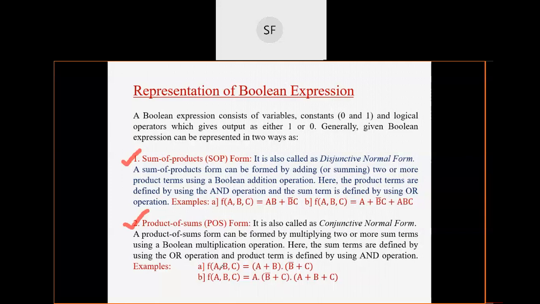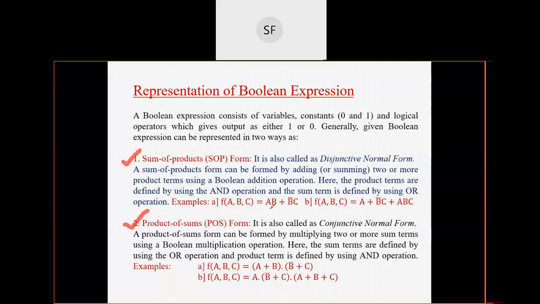So now you can observe the examples I have given here. I have used the same A, B also used here, so that you will be able to understand the difference between SOP and POS. Same variables I have used.